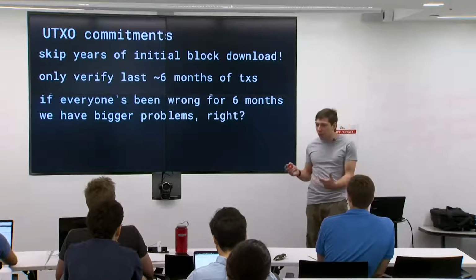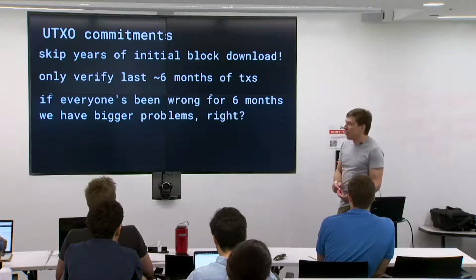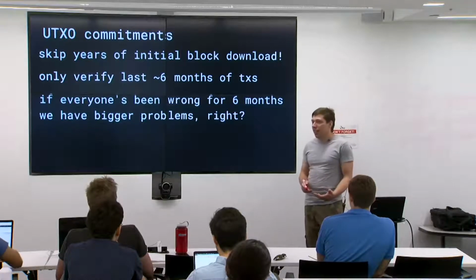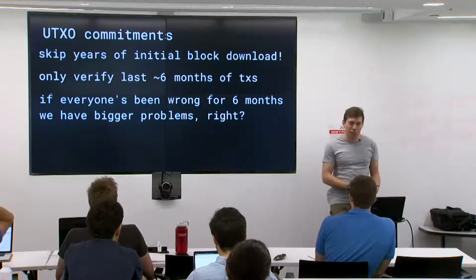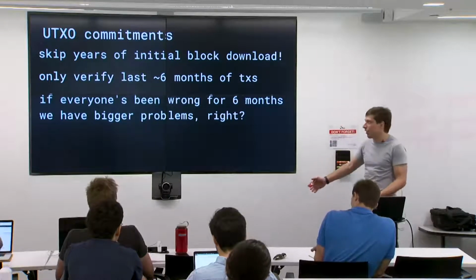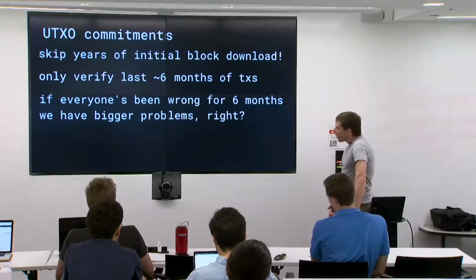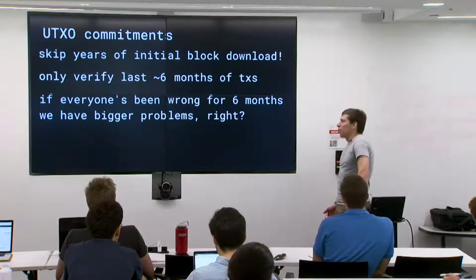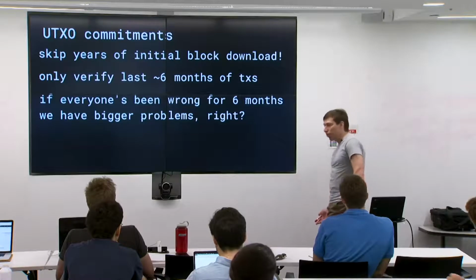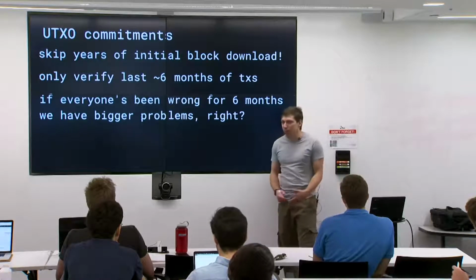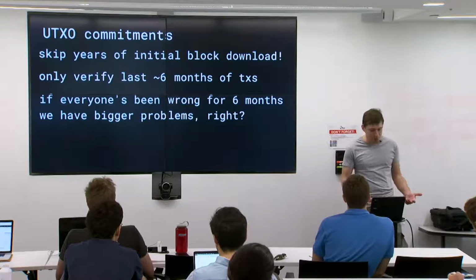If there's some erroneous transaction in 2015 and the entire network's been just extending for like 3 years without reorging, like what then? So on the one hand, you don't want to do this for today's blocks, right? Because then the miners have full control and the miners can just make up transactions.